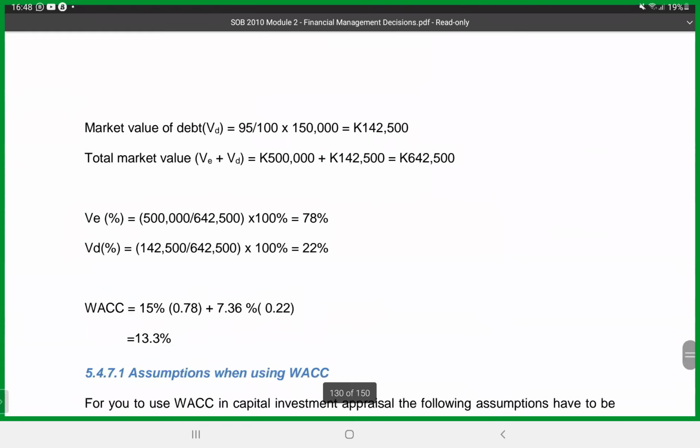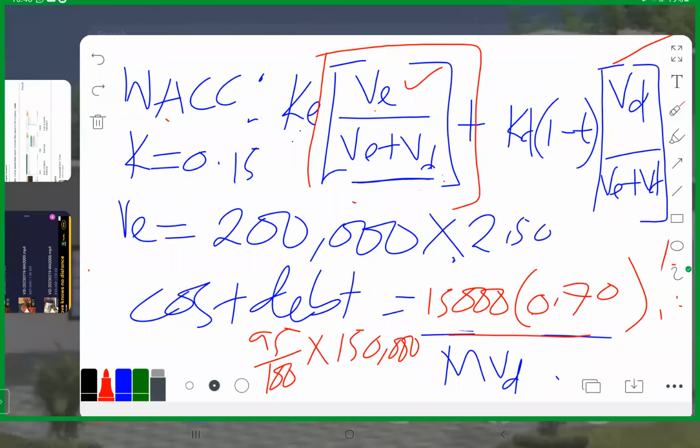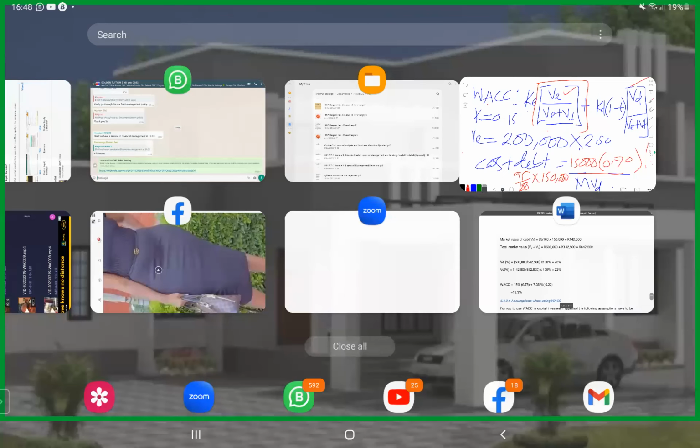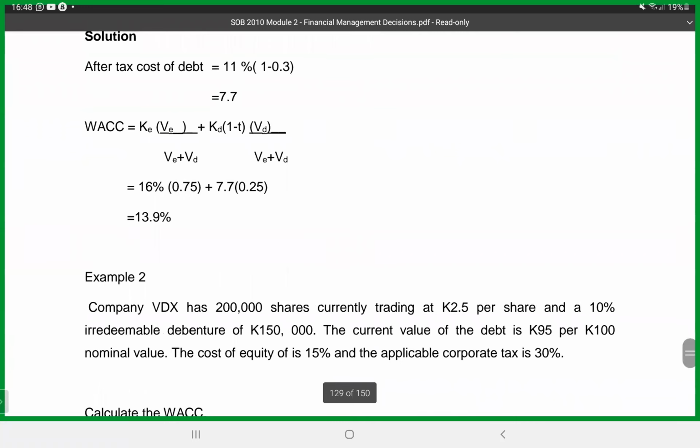And what do you find? We want to get the market value of debt. The question has said that the market value of debt is 95 per 100 of the nominal value. The nominal value of the irredeemable debenture, which is the debt, is 150,000.